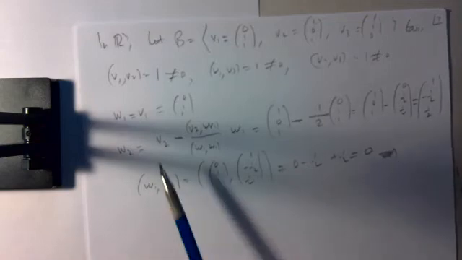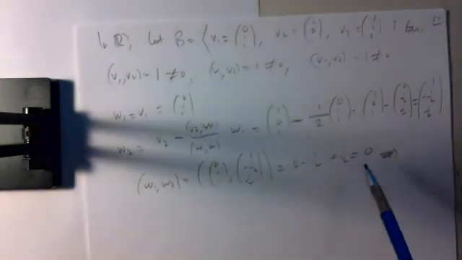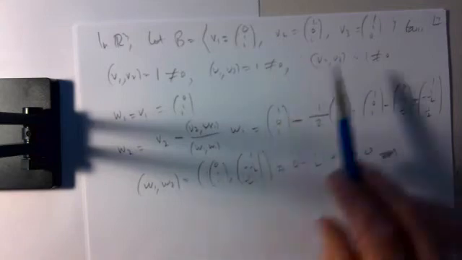So w_1 and w_2 are perpendicular. That's pretty good. So I have my w_1 is v_1. My w_2 I just calculated from v_2.